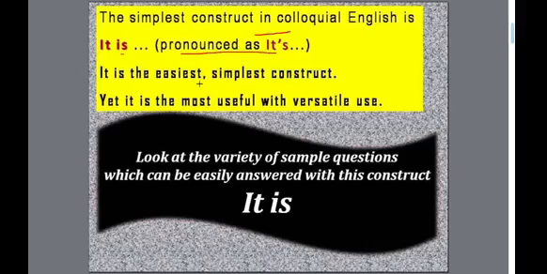It is the easiest and simplest construct, and yet the most useful with versatile use. So let us see the variety of sample questions and answers in which we can use it is or it's.